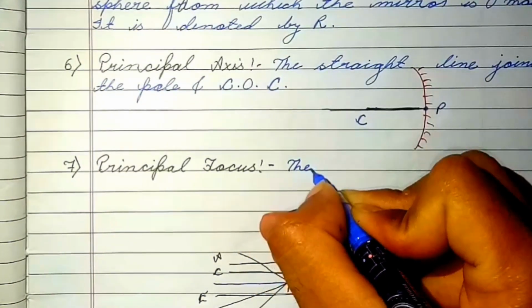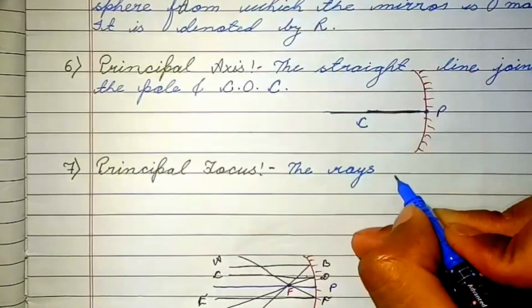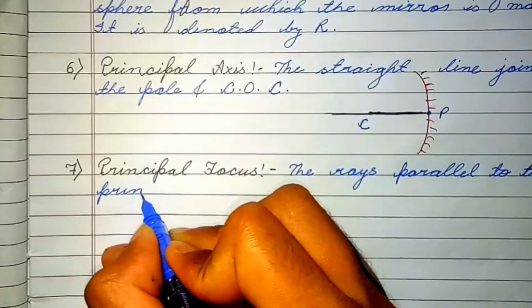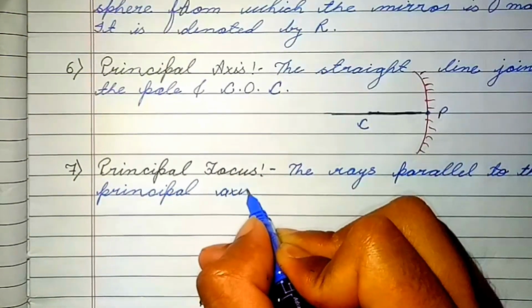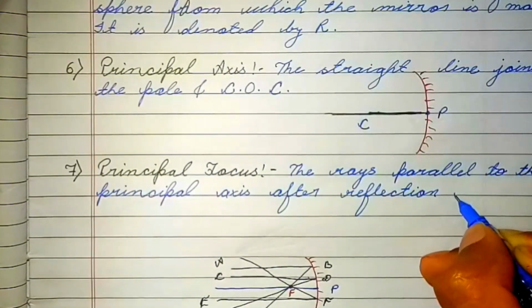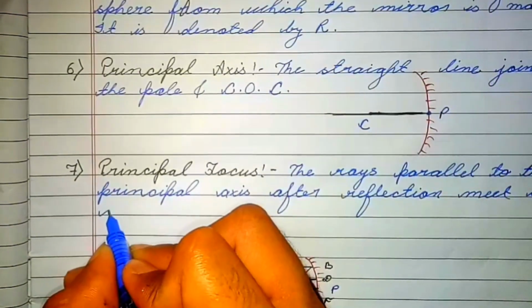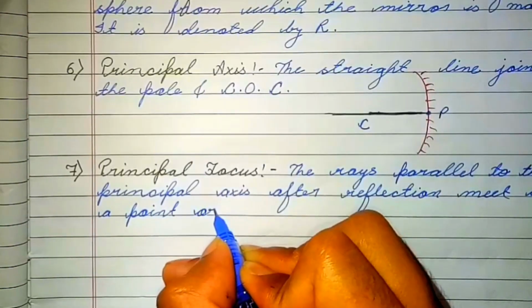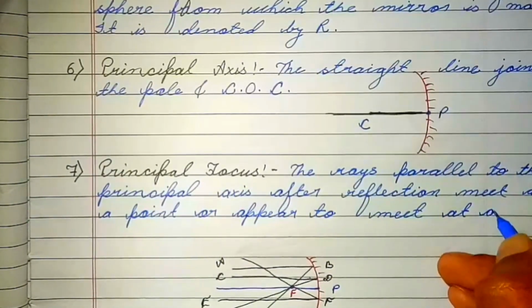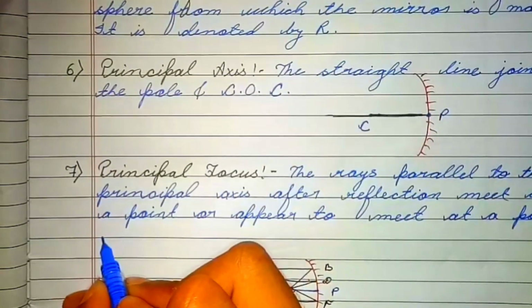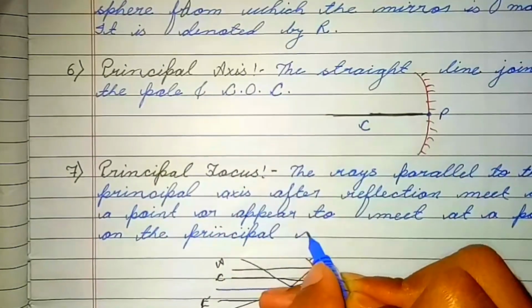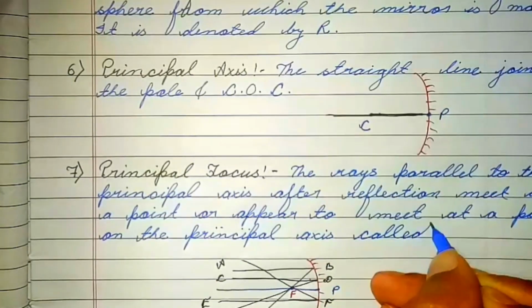Okay, the ray parallel to the principal axis after reflection meets or appears to meet at a point on the principal axis called the focus.